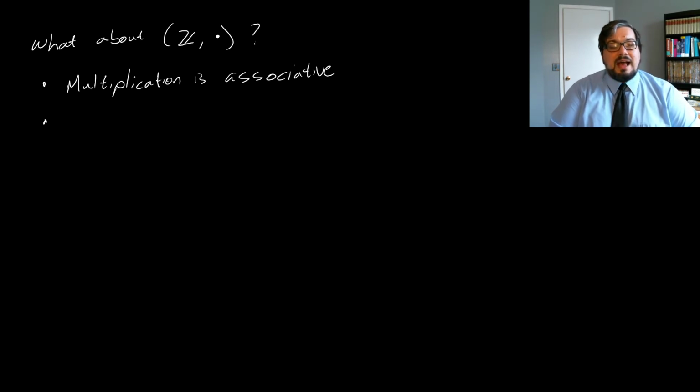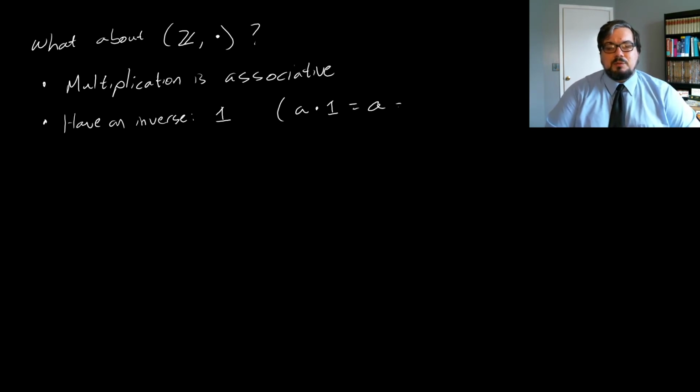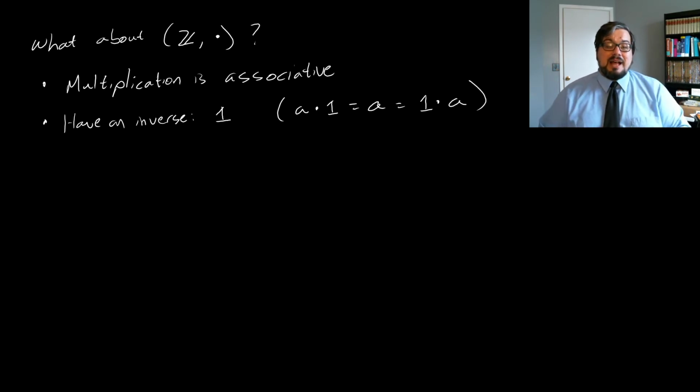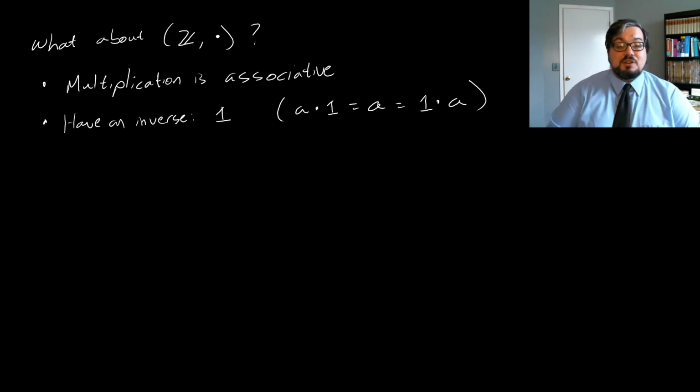And we do have an identity, 1, because if we take any integer and multiply by 1, we just get that element back. A times 1 is equal to A. 1 times A is equal to A. So 1 is an identity.